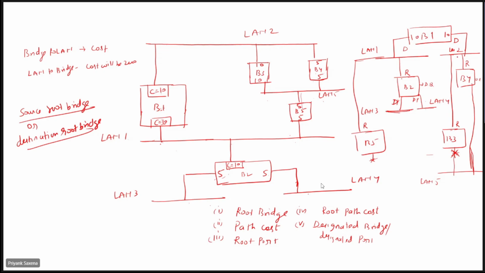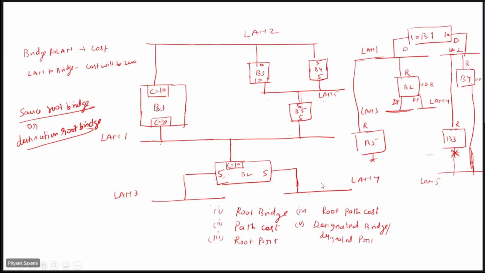Don't see on this side. First let us try to do it on our own. So let us take bridge B1 as the root bridge. Since bridge B1 is the root bridge, we have to find out how we can reach from this bridge to other LANs or other bridges.